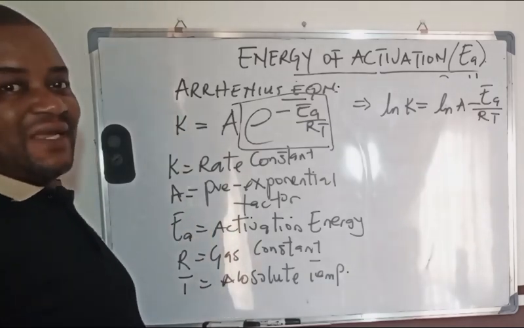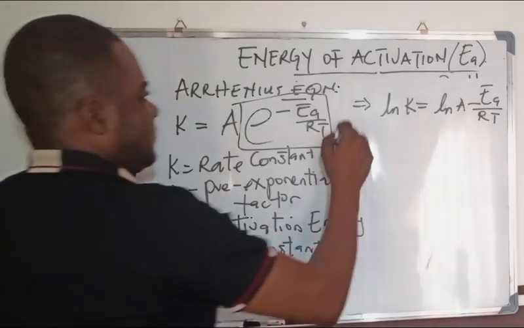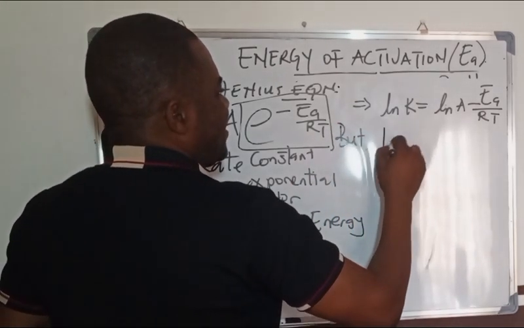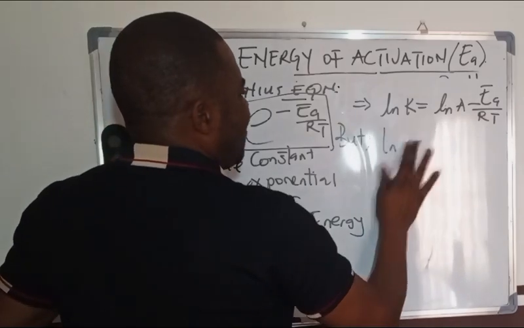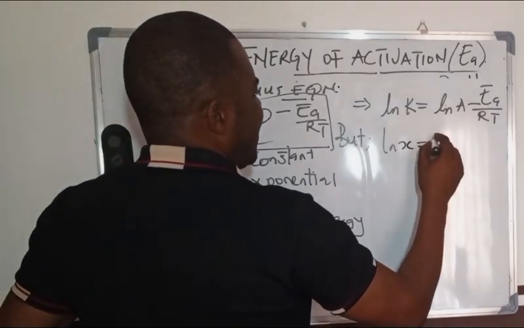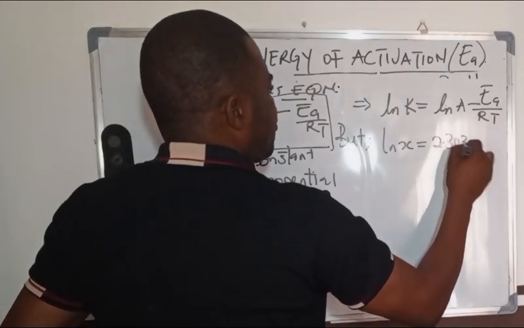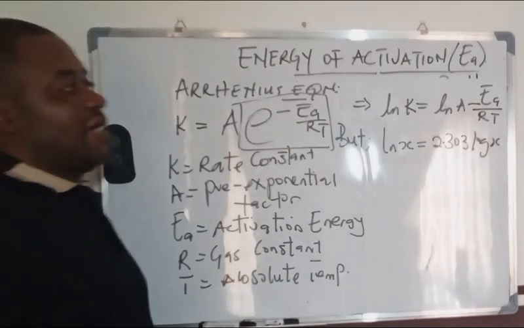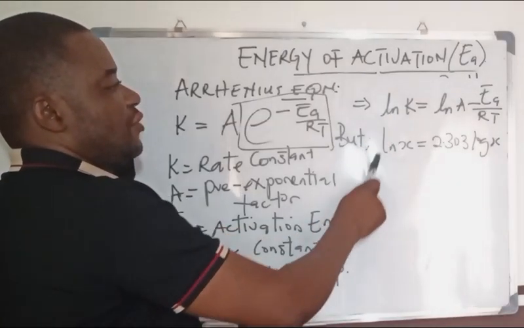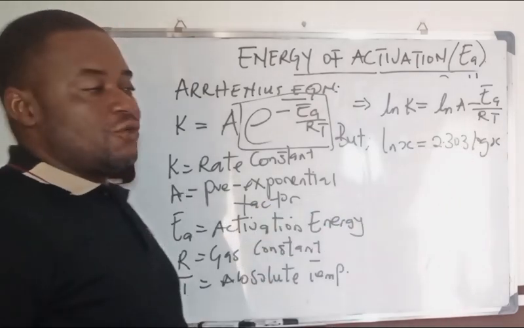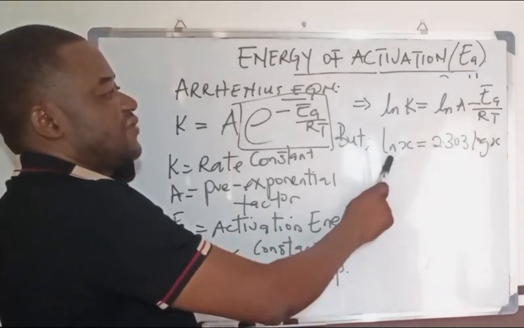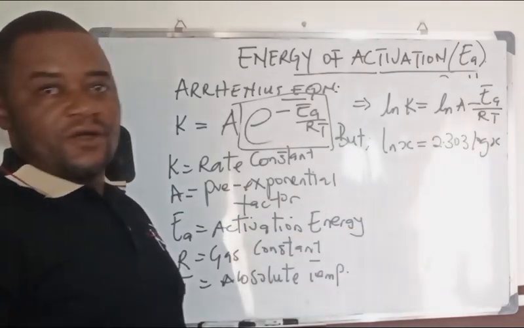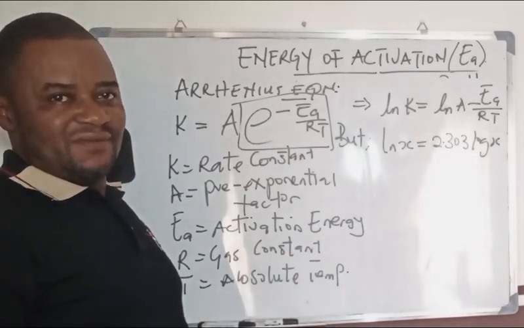But that is not all. I hope you know that when you say ln x, it's the same thing as saying 2.303 log of x. That is, you are changing from the natural logarithm to the log. So you simply remove the ln sign and introduce 2.303 log of that particular factor.